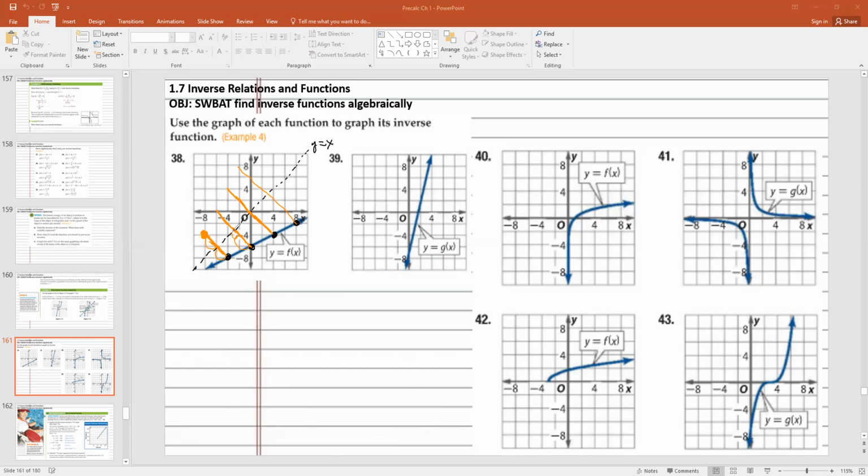This is 1.5, half, and a 1. 1, 2, 1, 2. 1, 2.5, 0.5, 1.5, 2.5. Ta-da! And there you go. And that is how you find the inverse.